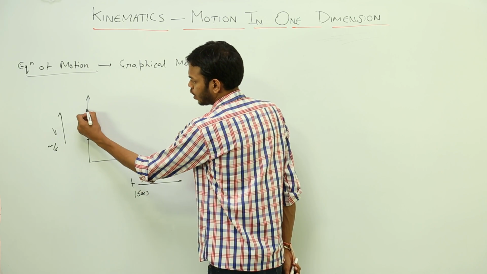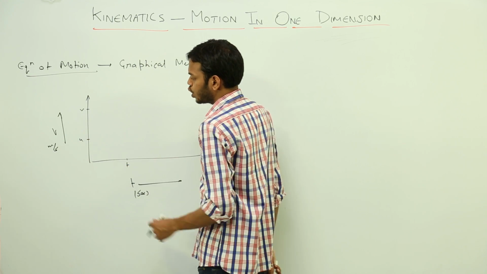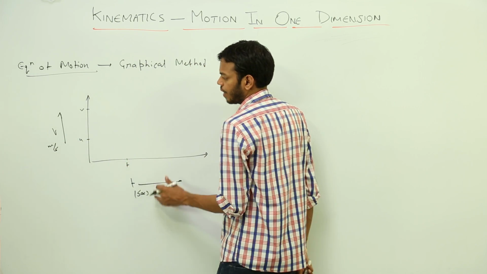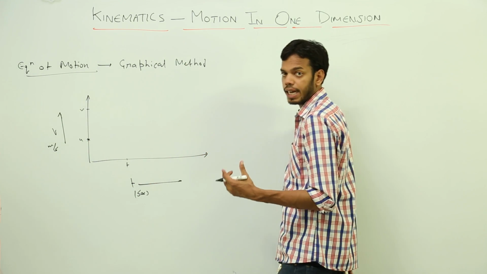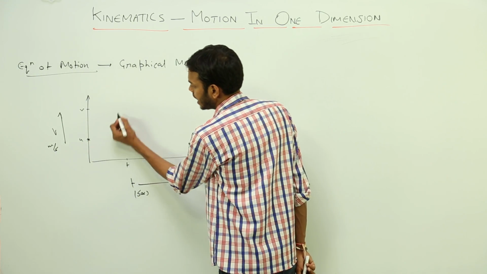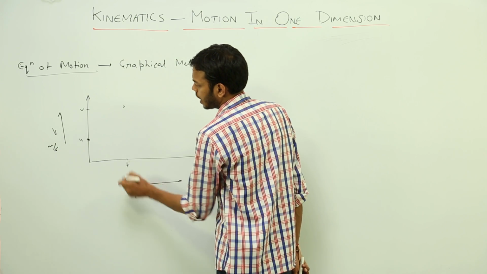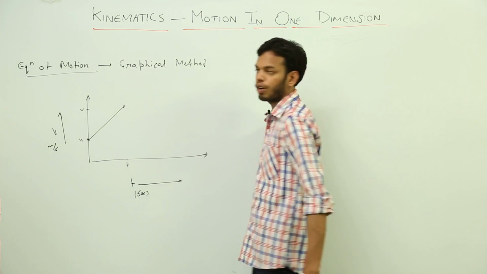So how would I depict this in the graph? At t equal to 0, this will be the mark for initial velocity u, and at time t, this will be the mark for the final velocity v. So this is how your graph would be.